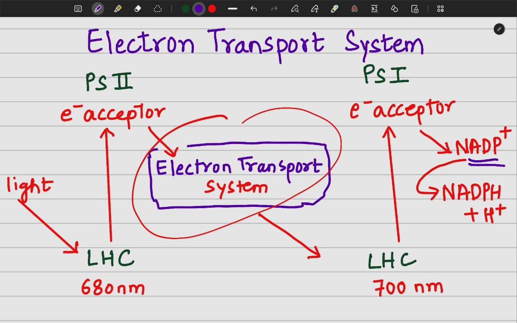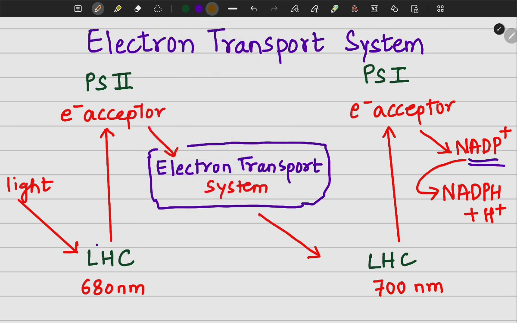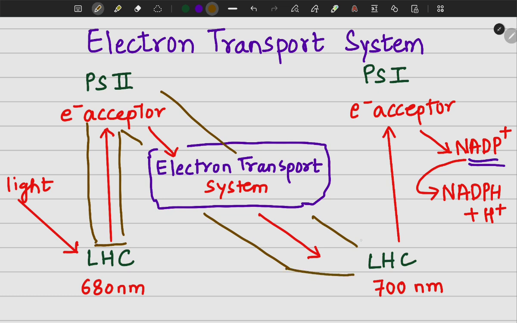If we look at the path of these electrons starting from PS2, let me use a different color. This scheme of movement of electrons, from PS2, then down the electron transport chain, and then again uphill in PS1, forms a characteristic shape.